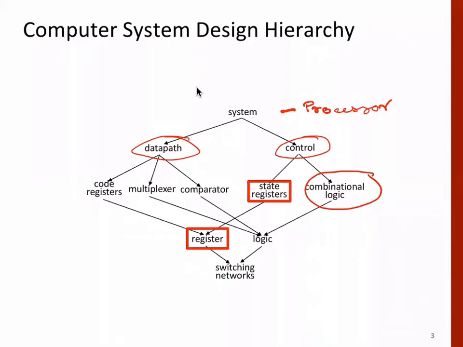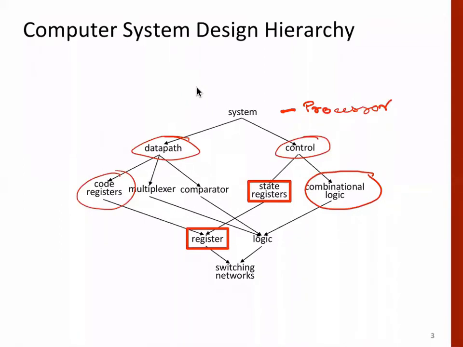In the data path also we have registers. For example, we have 32 general purpose registers, and then we have the instruction register, and the program counter, which is also a register, and so on.